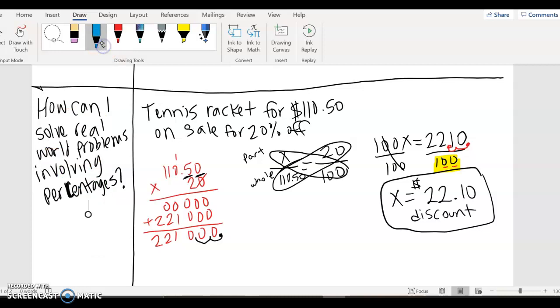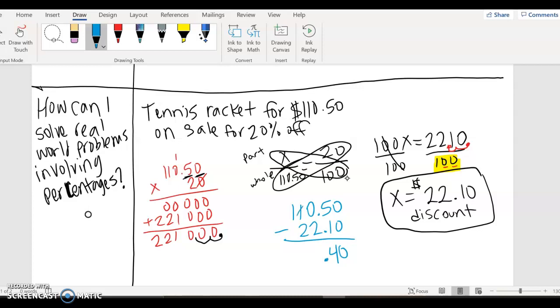So to find the price that we're actually going to have to pay, you take our starting amount, $110.50, and we're going to subtract the amount of the discount. 0 minus 0 is 0. 5 minus 1 is 4. Decimal comes straight down.